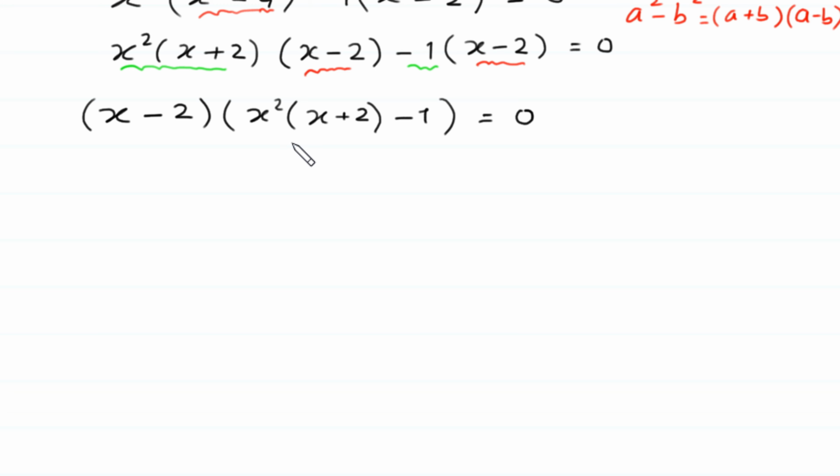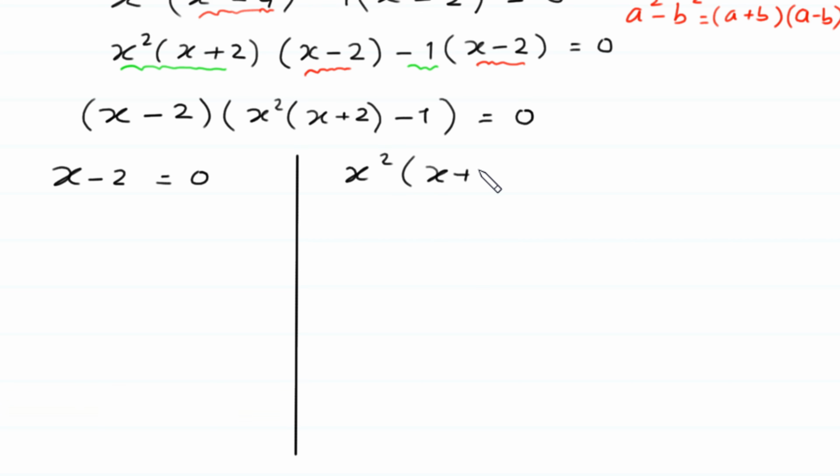Now from here, either this expression x - 2 is equal to 0, or this expression x²(x + 2) - 1 is equal to 0. From here, x is equal to 2. This is the first solution of this equation. Now to find other solutions, we solve this one.